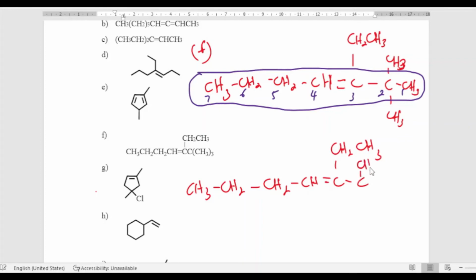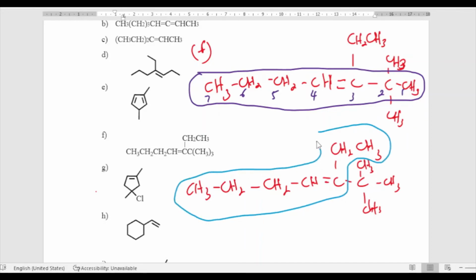This one will be CH3, CH3, CH3. Let's say maybe some of you will start numbering from here and get this parent chain. This one also 7. 1, 2, 3, 4, 5, 6, 7. This one also has 7 carbon, and it also gives this double bond at carbon number 3.